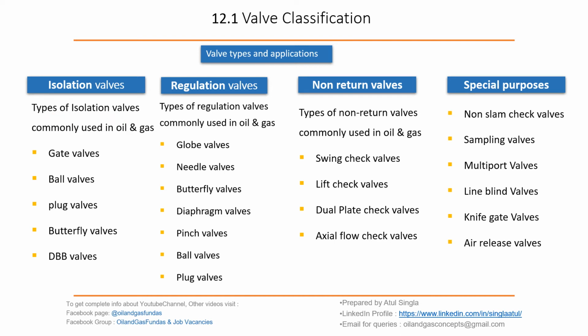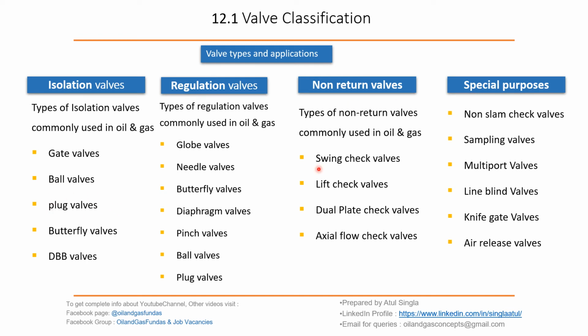These are the valves commonly used in oil and gas: gate valves, ball valves, plug valves, butterfly valves, and DBB valves. In regulation: globe valves, needle valves, butterfly valves. Butterfly is here and here also. Diaphragm valves, pinch valves, ball valves. Again these are there. Then plug valve, again under isolation as well as regulation.